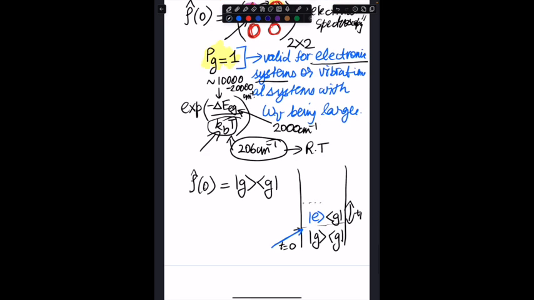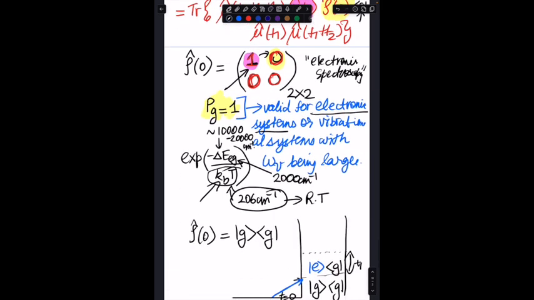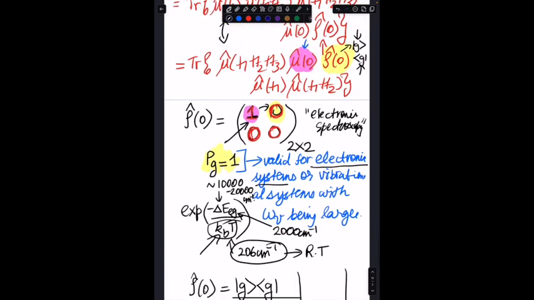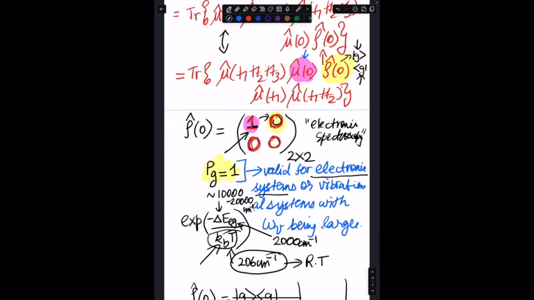Then what happens is that your second light field is incident on the sample after T1 evolves, and that acts from the bra side. So it acts from the left hand side.